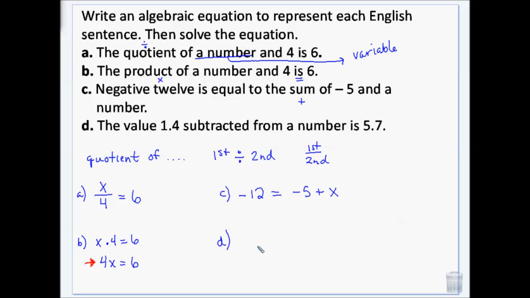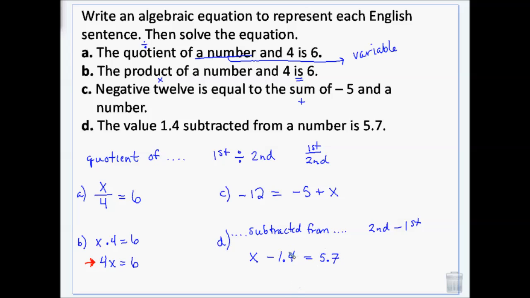Okay, so when they say subtracted from, it's usually something subtracted from something else, so it's the second minus the first. So this is going to be x, because it's from a number, minus 1.4 is 5.7.